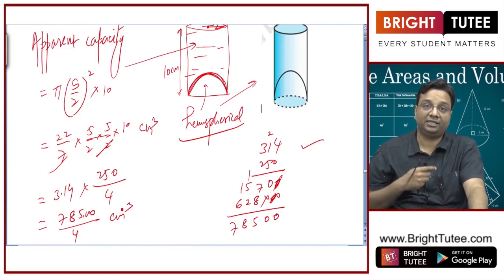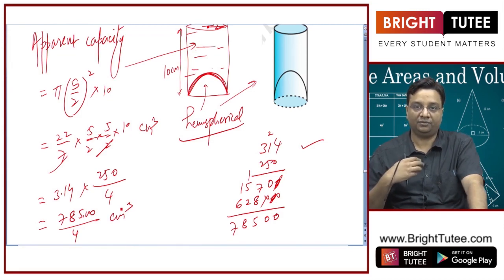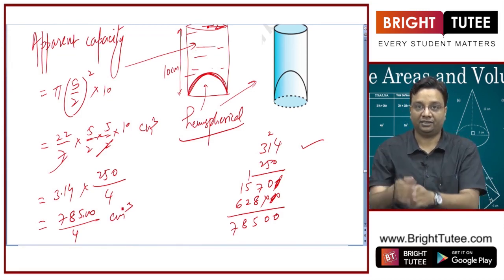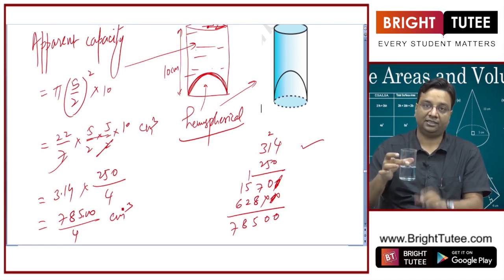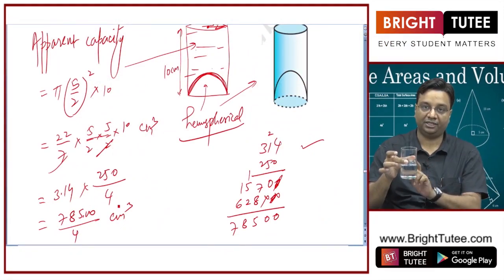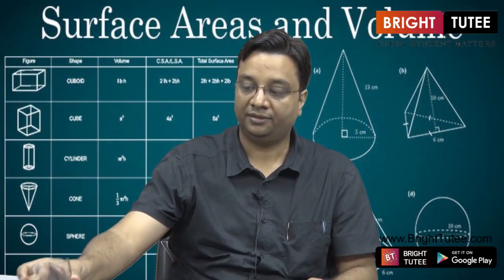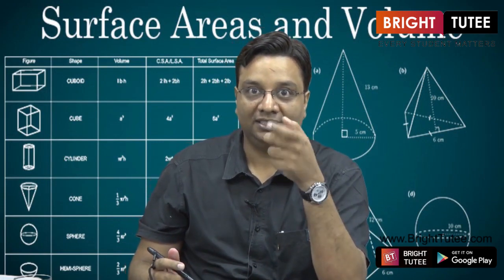What is apparent capacity? It is what I think I am getting, which looks evident, right? If I look at this glass from outside, I'll think that I am getting this glass full of water. But if there is a hemispherical bottom, I need to consider it, right? When I finish the juice, I'll see the bottom, right?